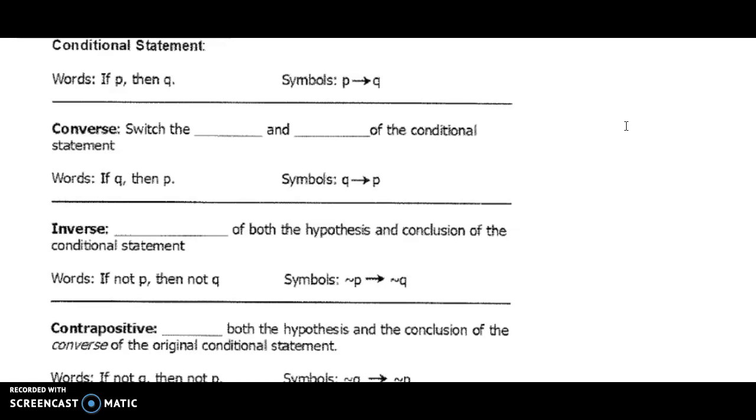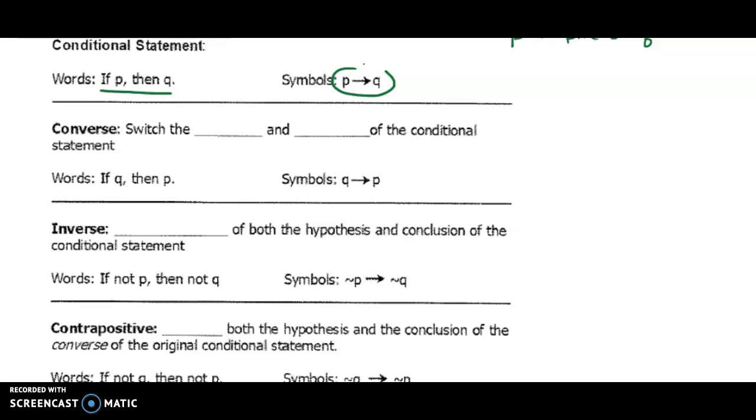All right, so once again, the conditional statement is written mathematically like this. And in words, we would say, if P, then Q. It's also stated sometimes as P implies Q. Just so you know.